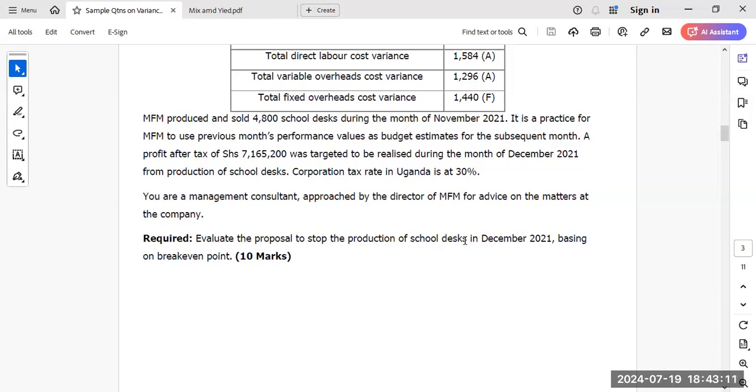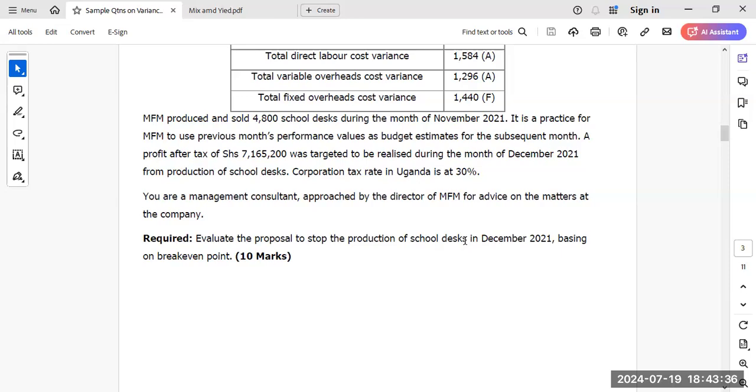And I know that from the point I recover my initial investment, or from the point where I have break-even point, it means that from that point moving forward, you are going to start generating profits.